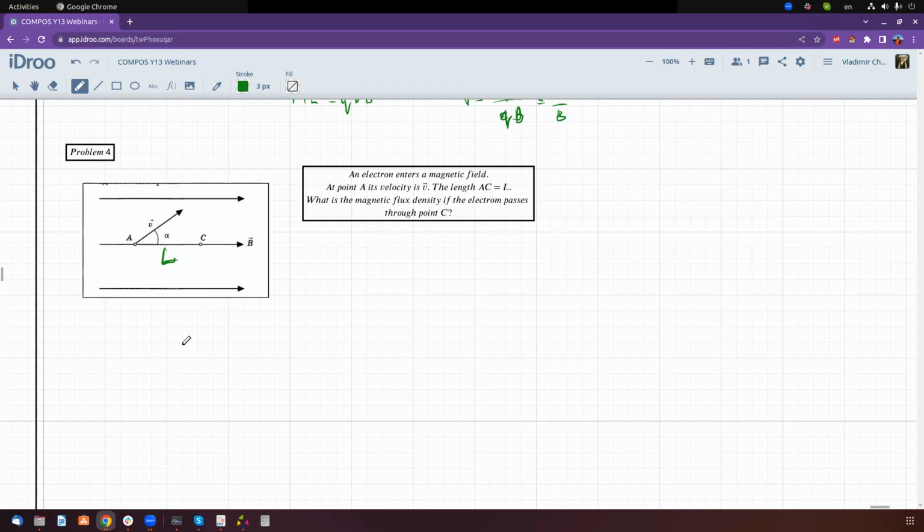But okay, let's say alpha was 0. What would happen if alpha was 0? If alpha was 0, how would it travel?